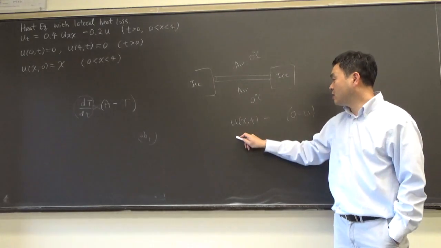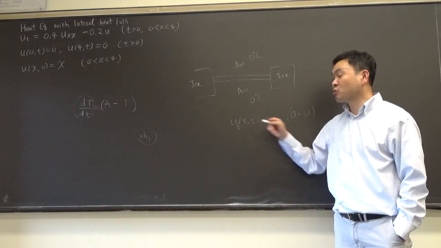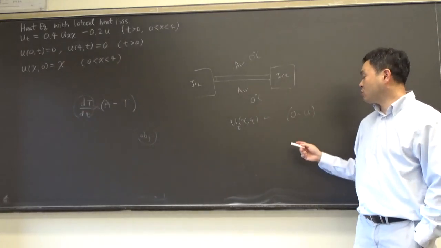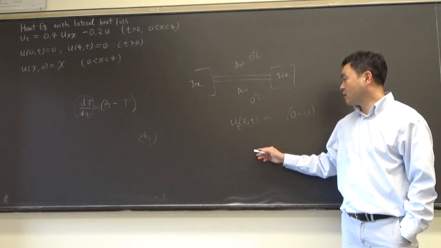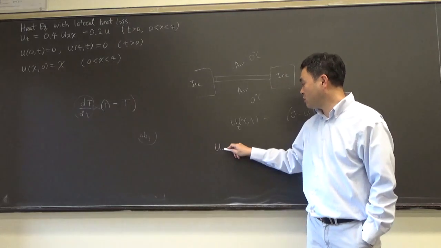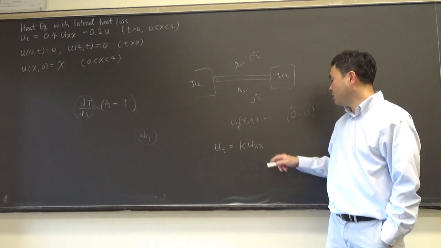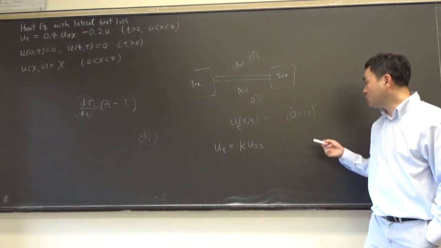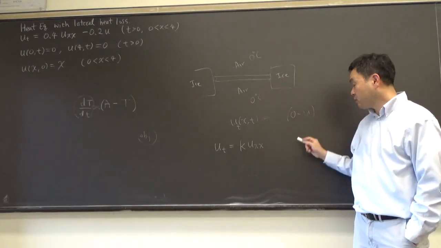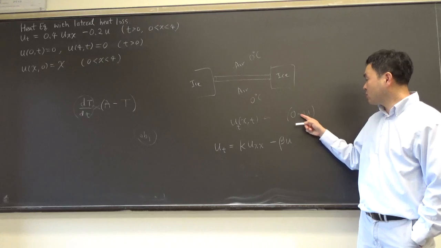Which means that the t derivative of u should be proportional to 0 minus u, so that the usual heat equation, which was u_t equals k times u_xx, would now have an extra component, which is, let's just call this other coefficient beta, and it will be negative beta u because of this minus.